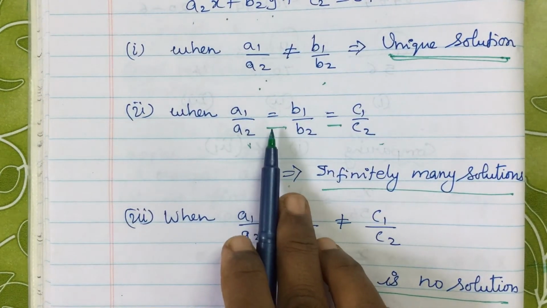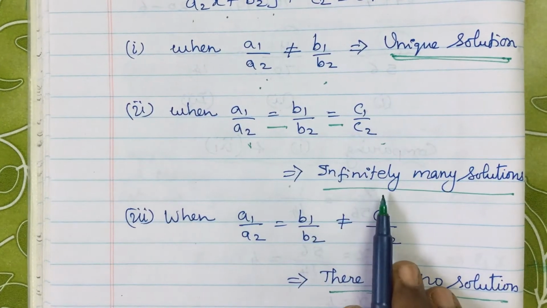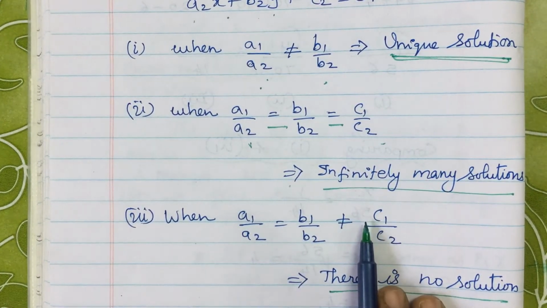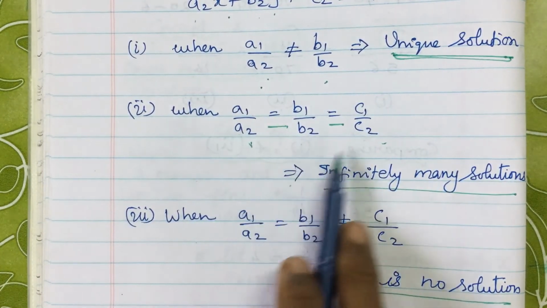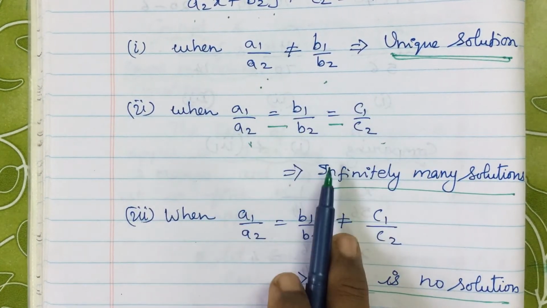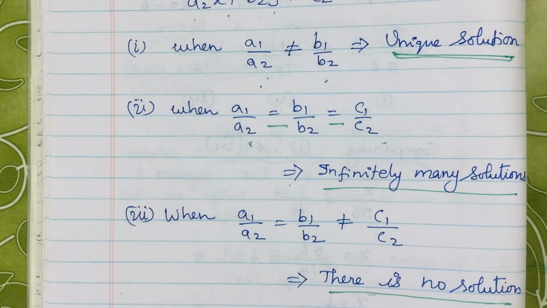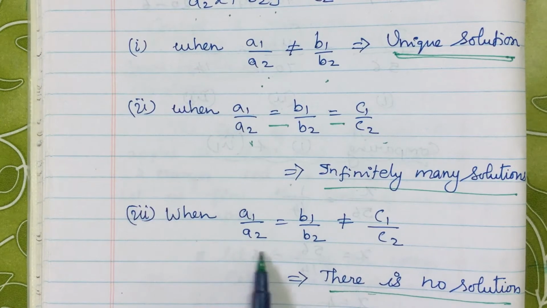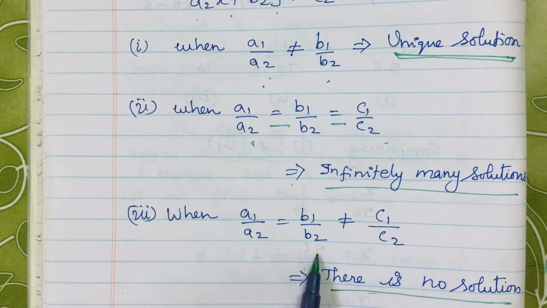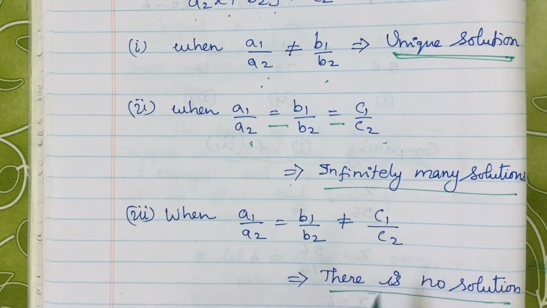And if all the ratios are equal, simply remember that you have many solutions, because this condition will be happening in few cases only. So this is a rare condition. And if at least the coefficients of x and y are equal, and then it is not equal to the constant terms, then you can say there is no solution.